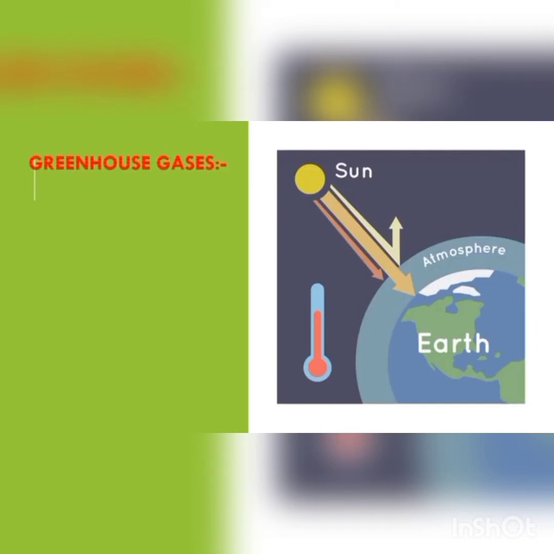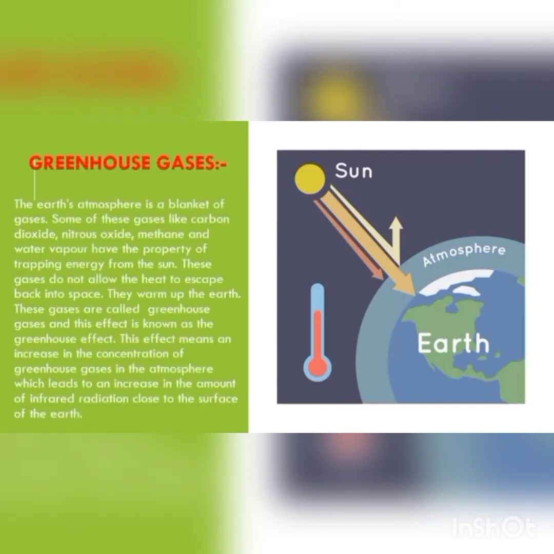Now we know about the gases. The Earth's atmosphere is a blanket of gases. Some of these gases, like carbon dioxide, nitrous oxide, methane, and water vapor, have the property of trapping energy from the sun. These gases do not allow the heat to escape back into space. They warm the earth.